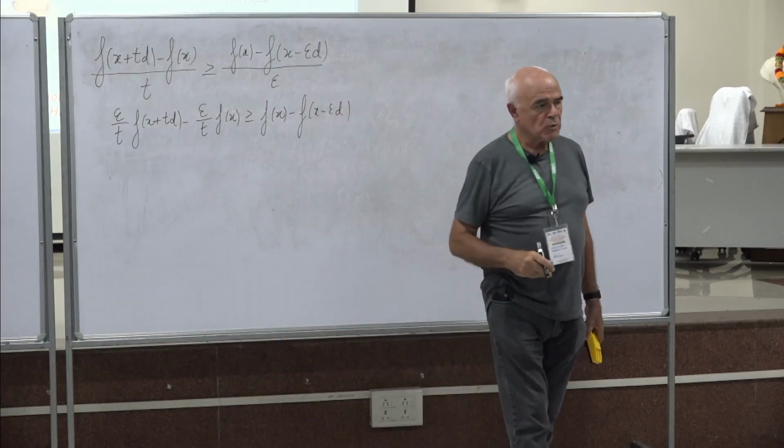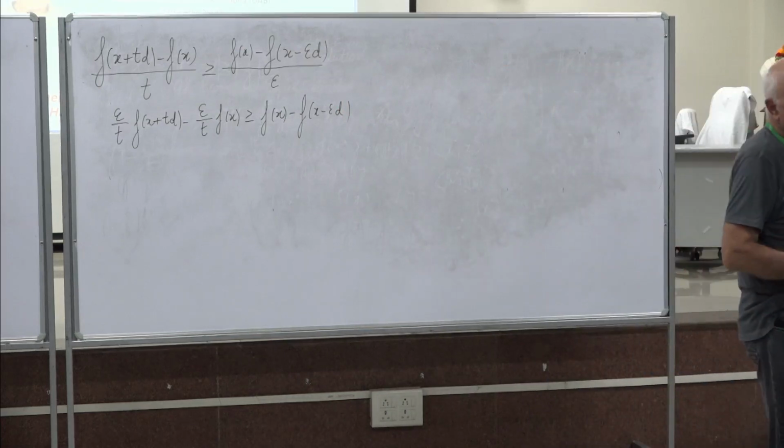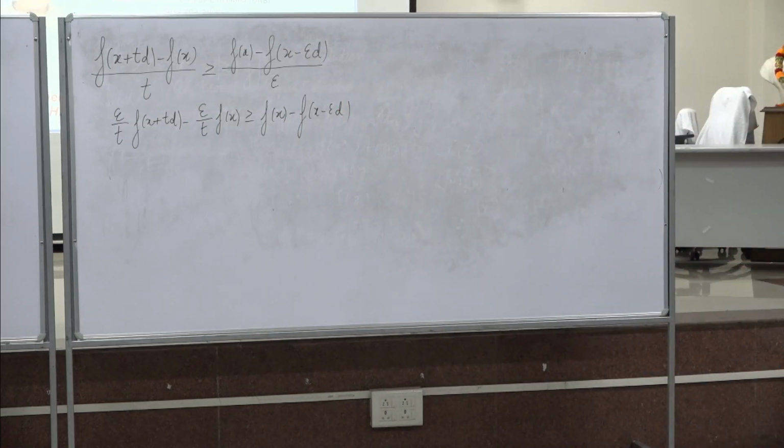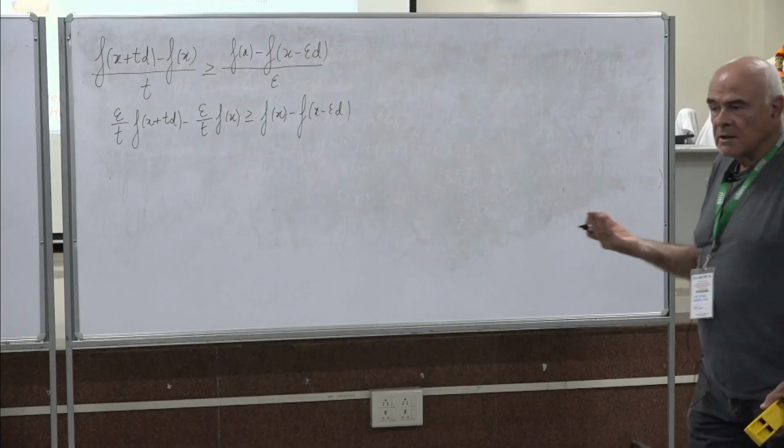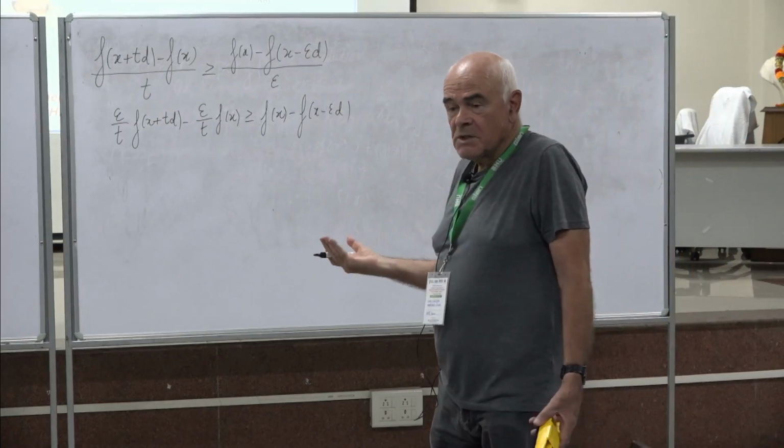So if I am not wrong, I arrived at this expression, which I didn't like. I said, I don't like the signs, there must be a sign mistake. Why didn't I like it? And there is no sign mistake.